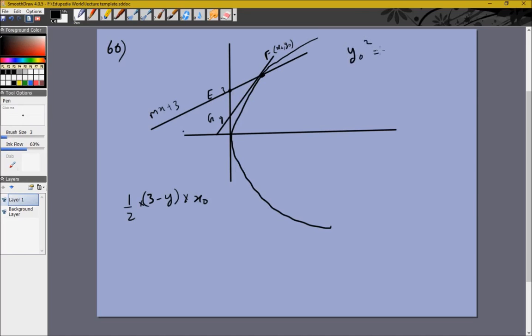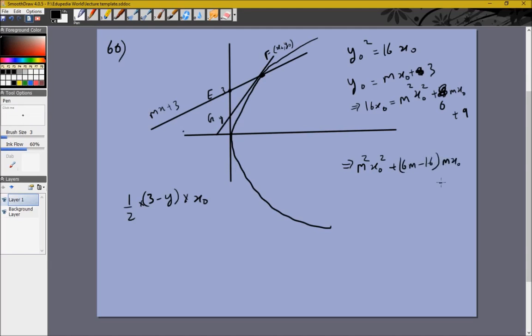So y0 squared is equal to 16x0, and also y0 is equal to mx0 plus 3, which means 16x0 is equal to m squared x0 squared plus 6mx0 plus 9, which means m squared x0 squared plus (6m minus 16)x0 plus 9 is equal to 0.